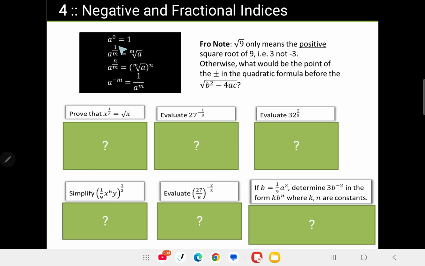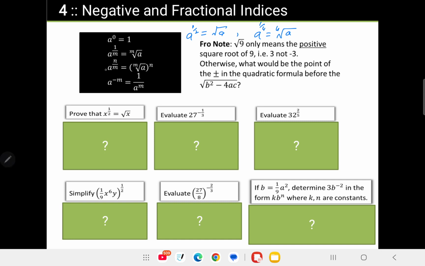And if you have a to the power 1 over any number, that means you have that root. If you have a to the power 1 over 2, that means you have the square root of a. And if you have a to the power 1 over 4, it means you have the fourth root of a. Similarly, a to the power 1 over any number means you have that root.